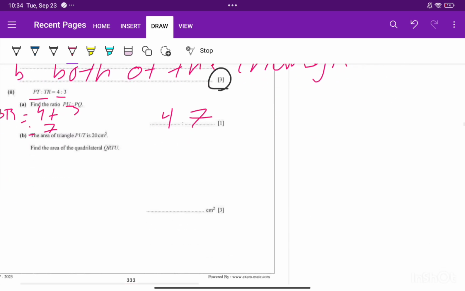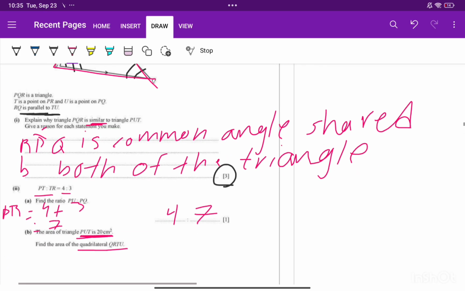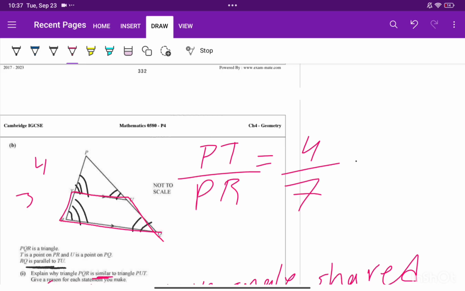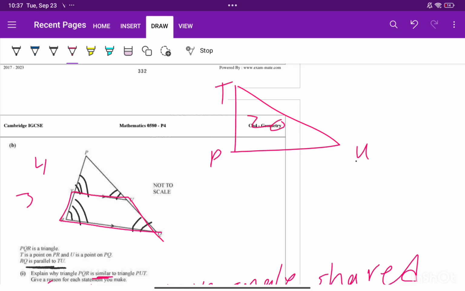Now let's move to the next part. The area of triangle PUT is 20 centimeters squared. Find the area of quadrilateral QRTU. We know PUT, which is the smaller triangle, is equal to 20, and we do not know the area of the bigger triangle, PRQ.